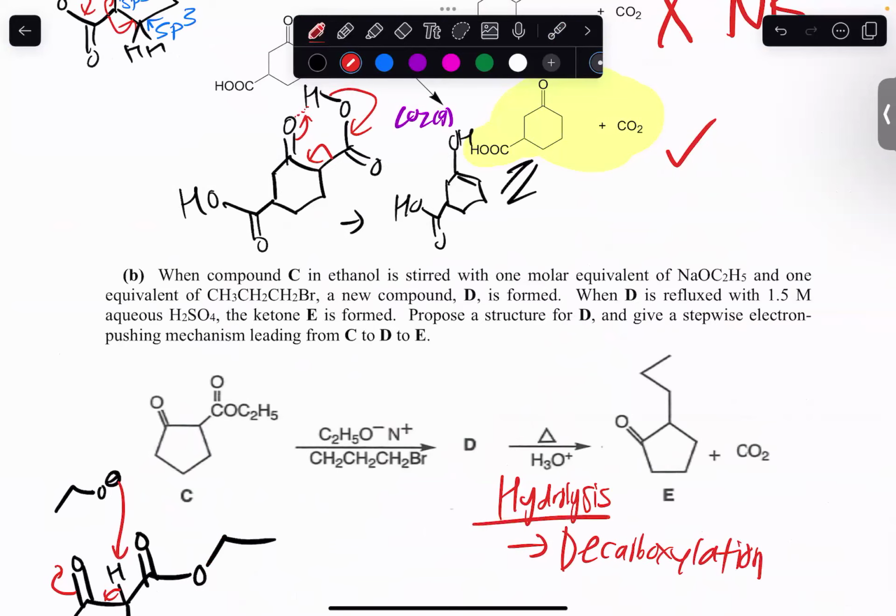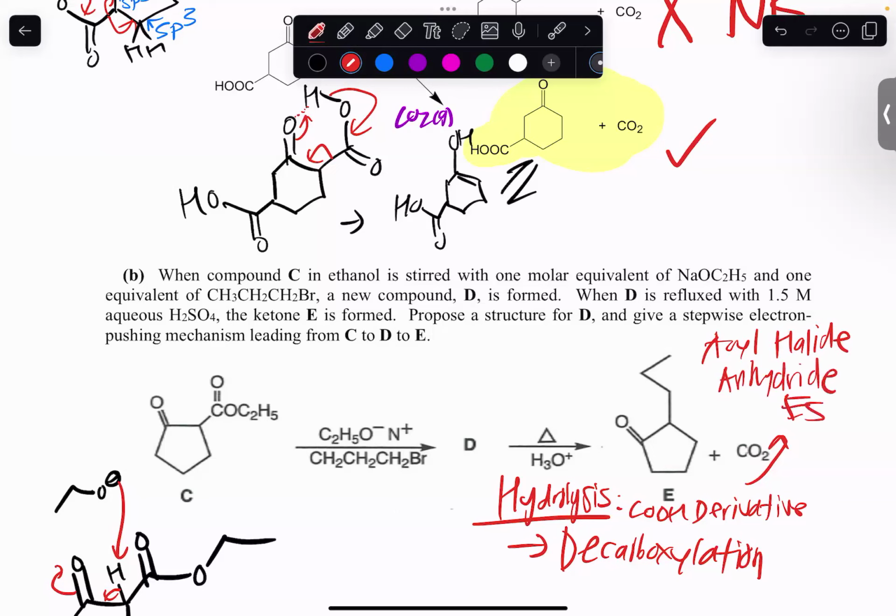Hydrolysis was turning a carboxylic acid derivative, which is either an acyl halide, anhydride, ester, amide, or it could be nitrile. Any of these things, if you put that through acid and water, it always goes back to a carboxylic acid.